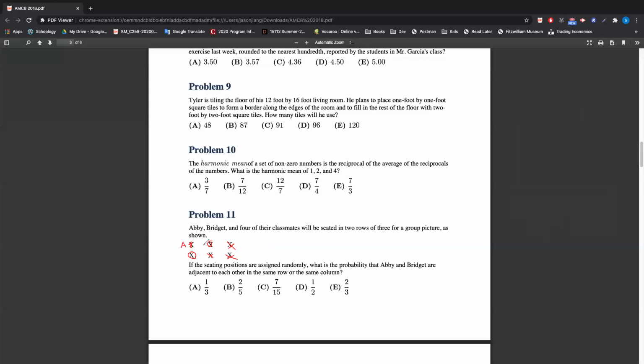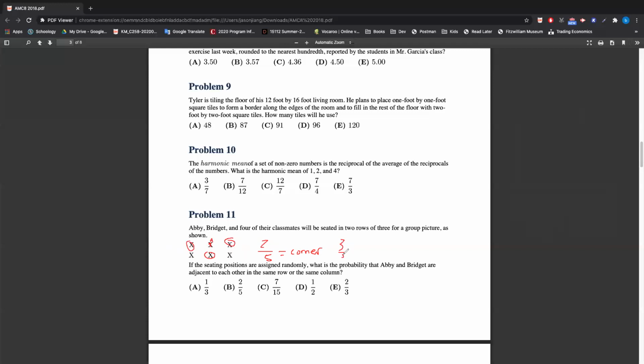Okay. So we've shown that in a corner spot, there would be a 2/5 chance, right? But there's also another case. The other case is where Abby is in one of the center seats. Let's say this one is Abby. Then there are actually 3 adjacent spots where Bridget could be, and those would all work.